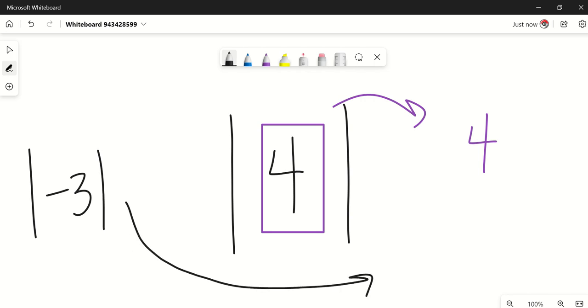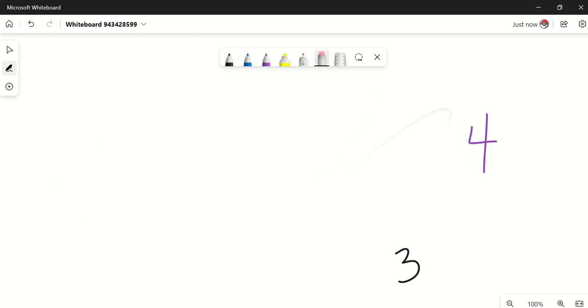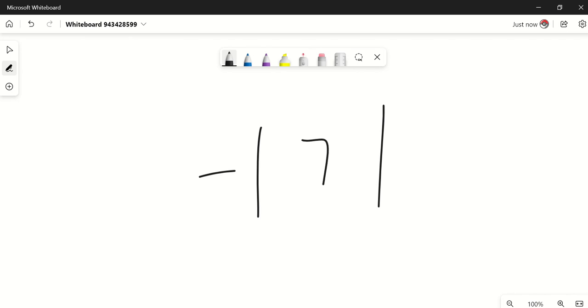So the absolute value of negative 3 will be 3. Absolute values do not become negative unless you do some trickery, like we talked about before, where there's a negative symbol outside of this. So we'd still do the absolute value of 7, which would be 7, then the negative symbol comes in. Anything on the inside will not come out negative.